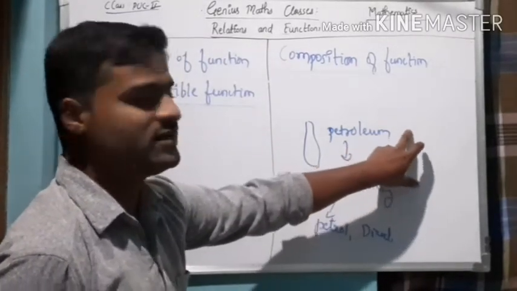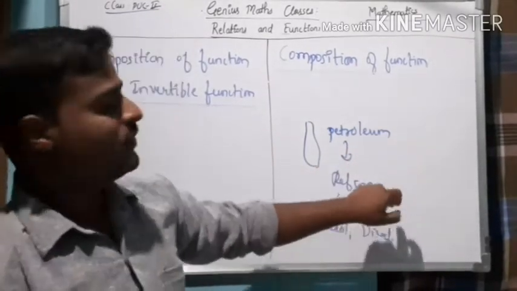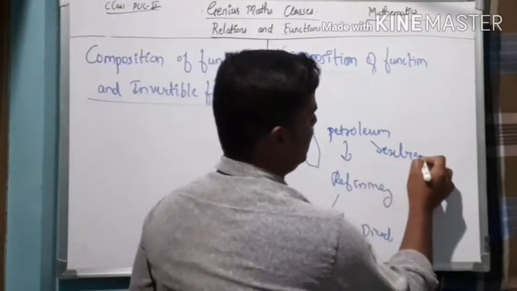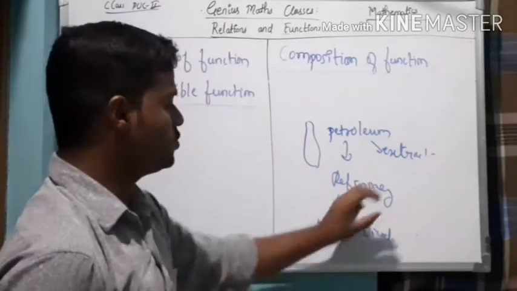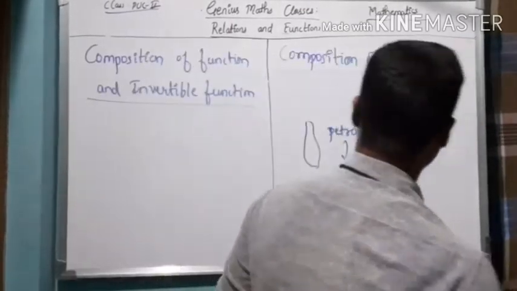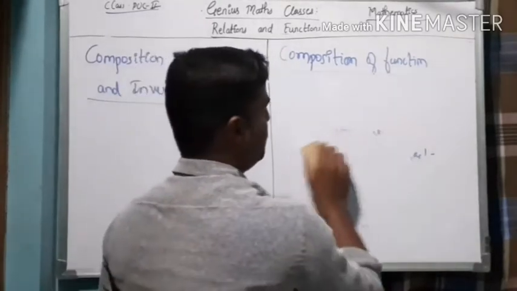So we need to first extract it and then refine it. Using these two, you will get petrol, diesel, etc. This is nothing but the concept of composition of function.